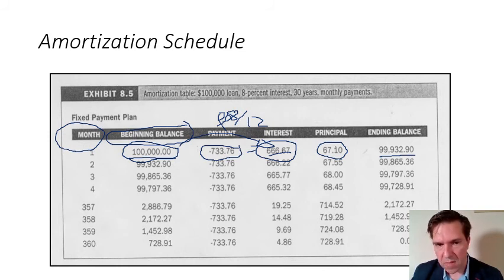Okay. And now you carry over this into the next cell. You can do that in Excel by saying equal and pointing to this cell, and it will just do it for you. And then you can fill down, and it will point to the previous cell before. Okay. That's how you build it.